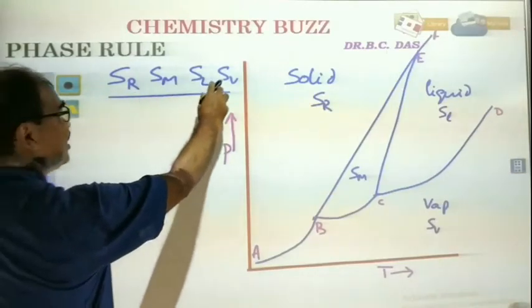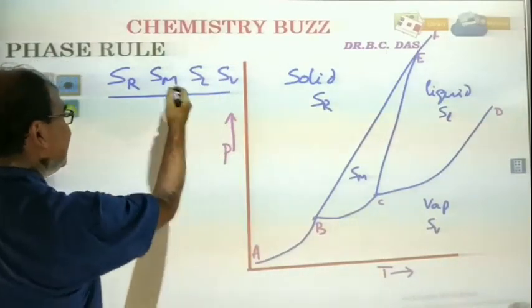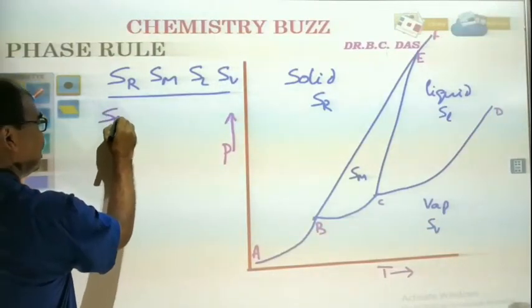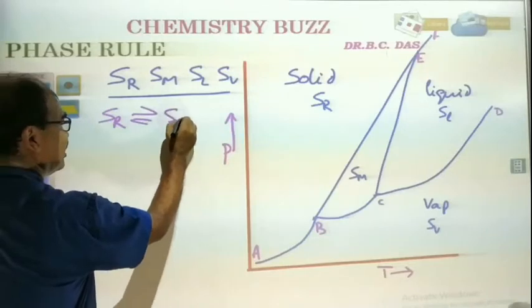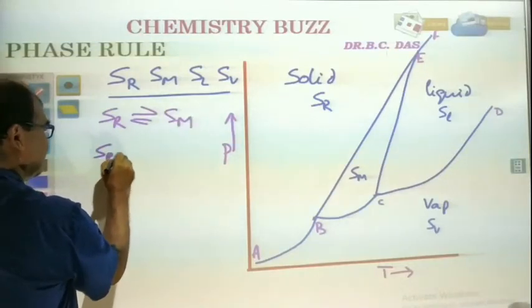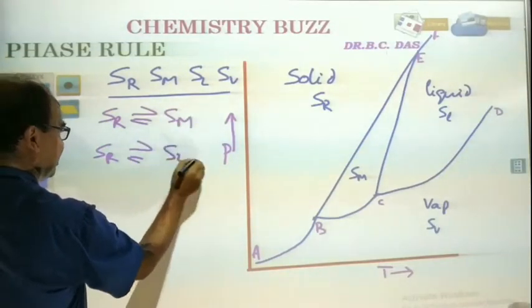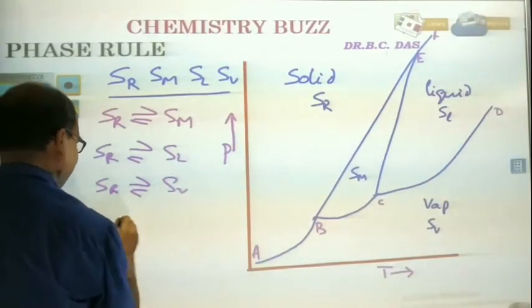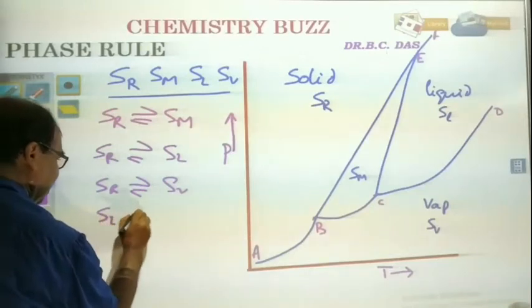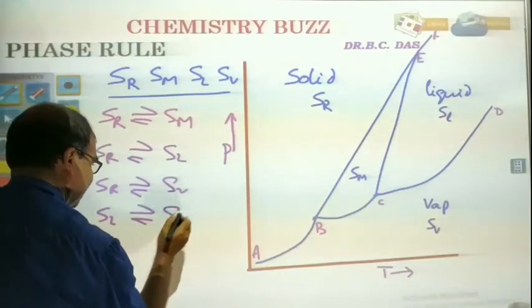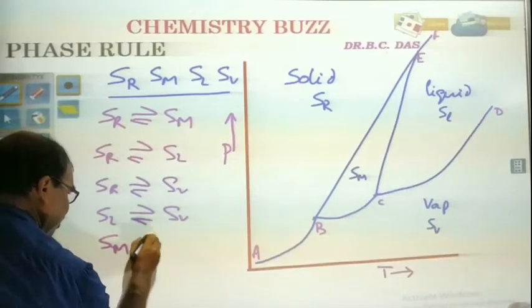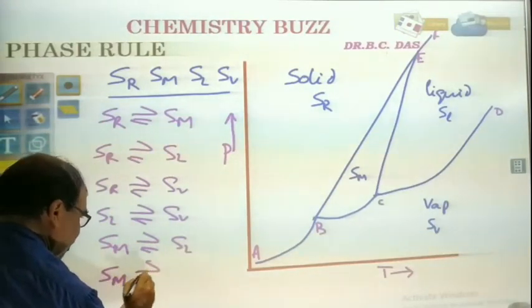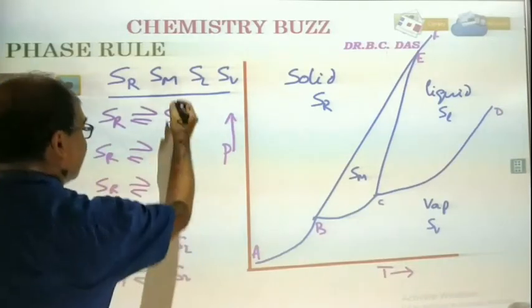Let us write the 6 binary equilibriums: SR equilibrium with SM, SR with SL, SR with SV, SM with SL, SM with SV, and SL with SV.